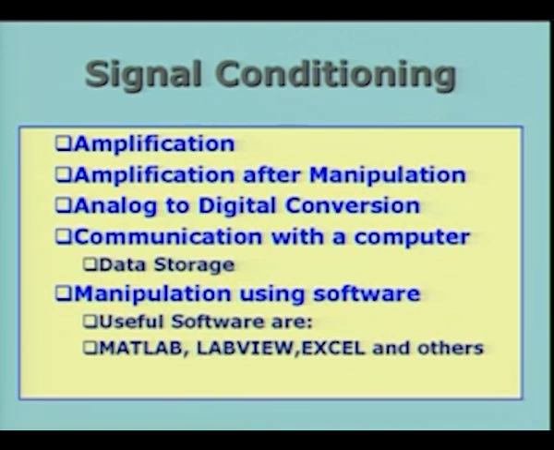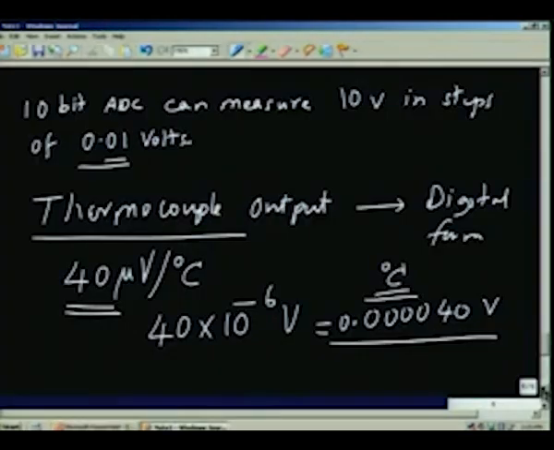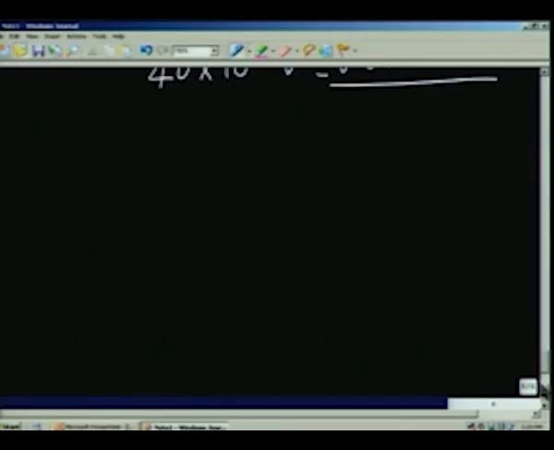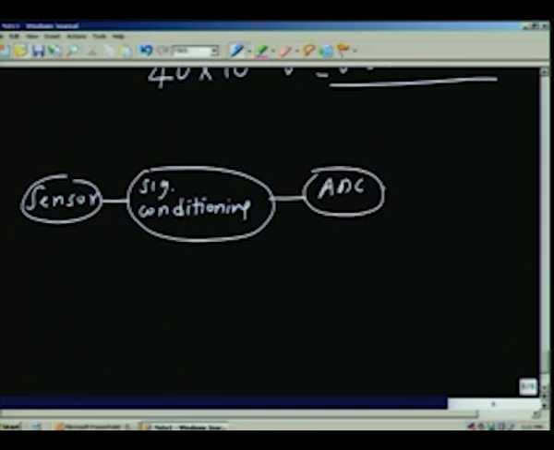So, to go back to the board, let us just recapitulate what we are talking about. We have the sensor, then signal conditioning, and then we have the ADC, we have the computer.